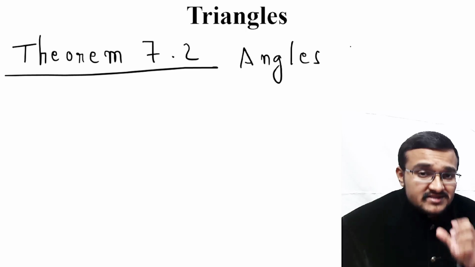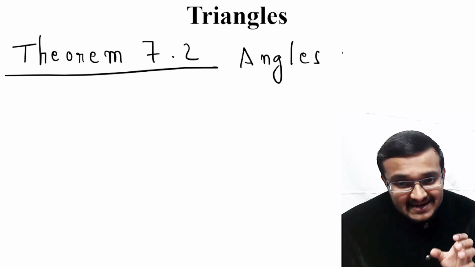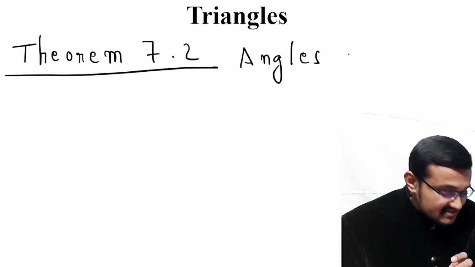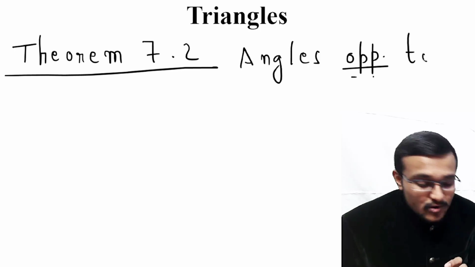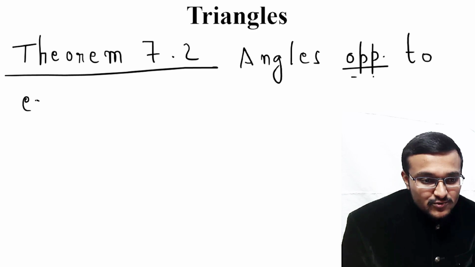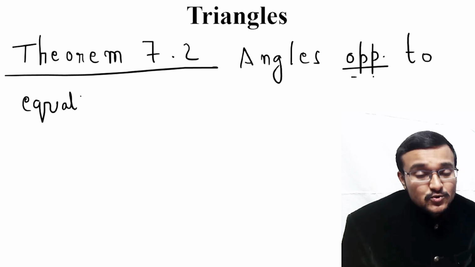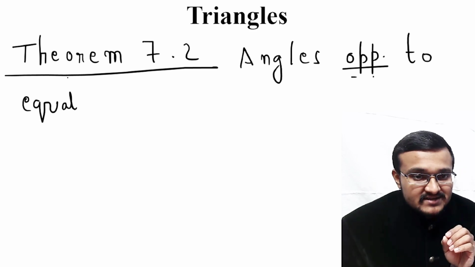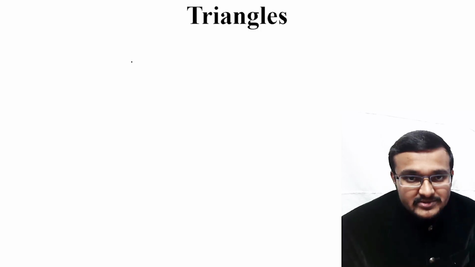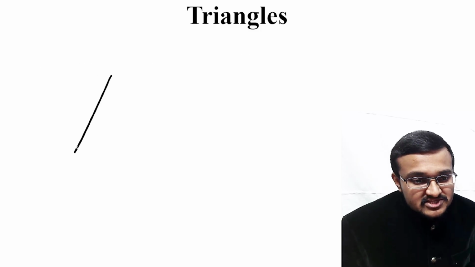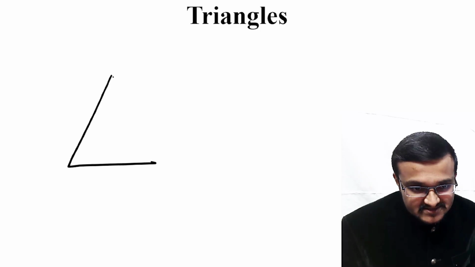Now if you consider a triangle and in that triangle, if angles opposite to equal sides. So here you have to consider an isosceles triangle. Before looking into theorem 7.2, we'll learn what we mean by isosceles triangles, which you have already learned in your previous class.